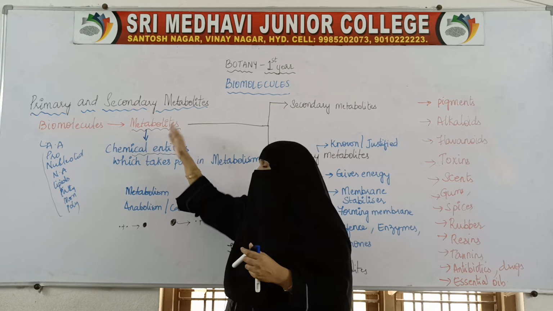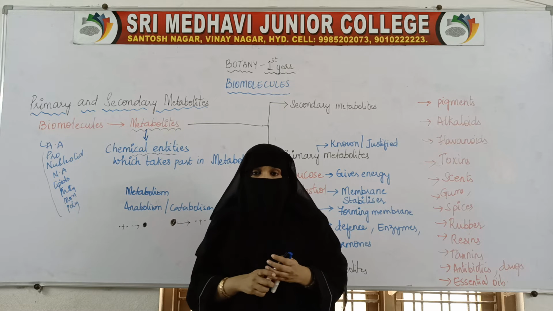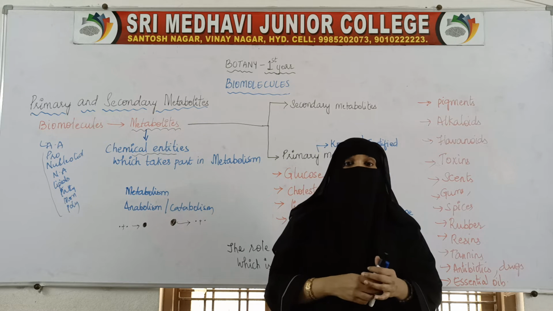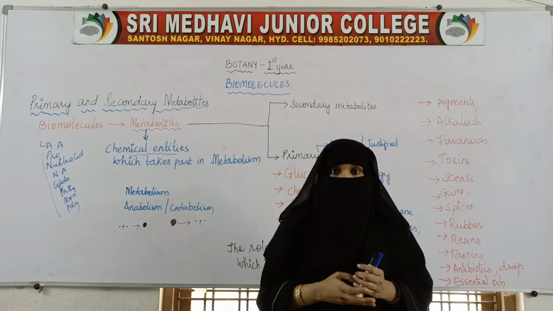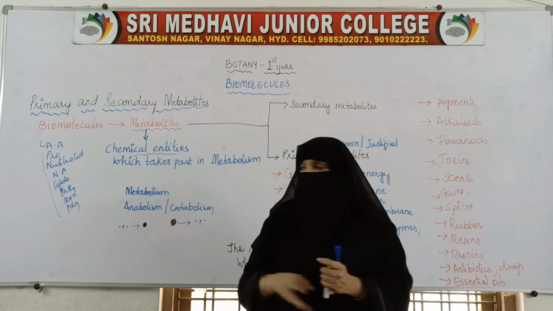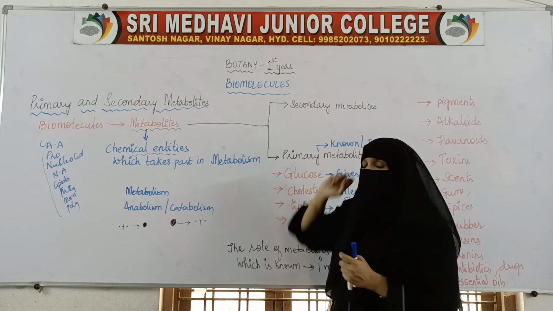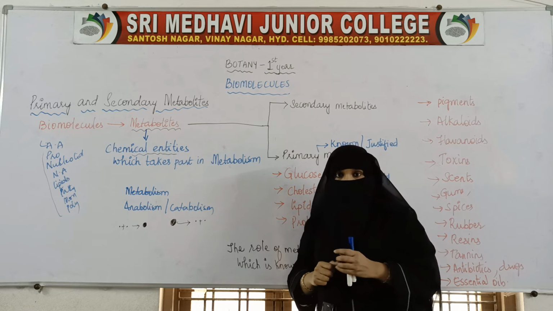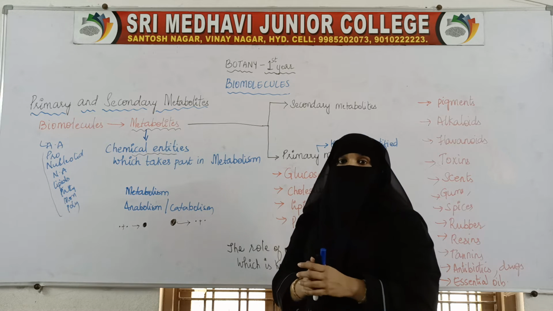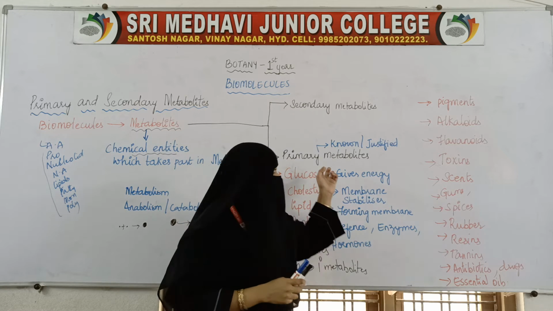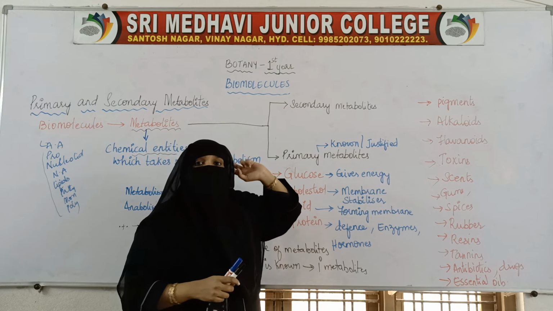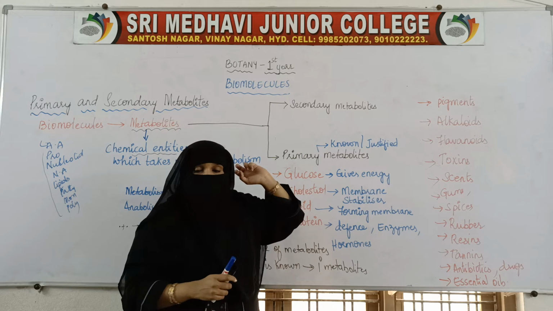And the chemicals which help in metabolism are of two types: the first is primary metabolites and the second is secondary metabolites.